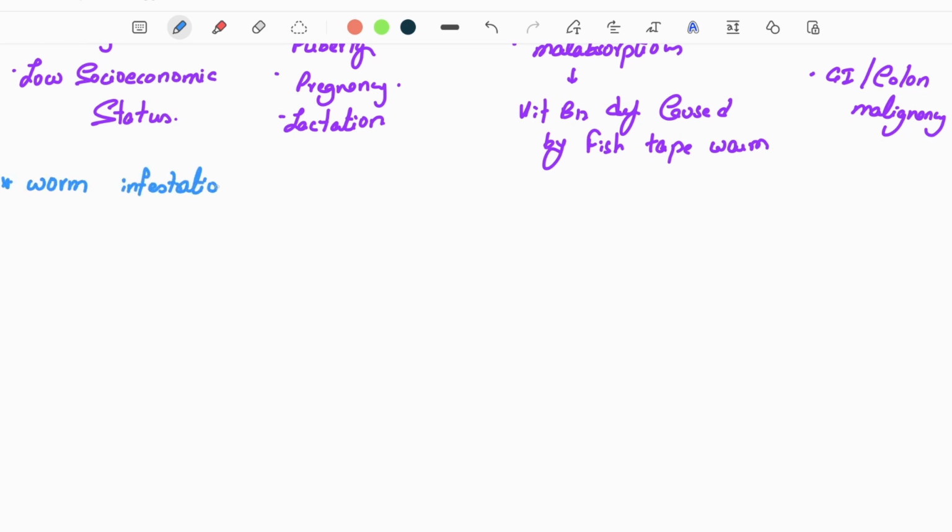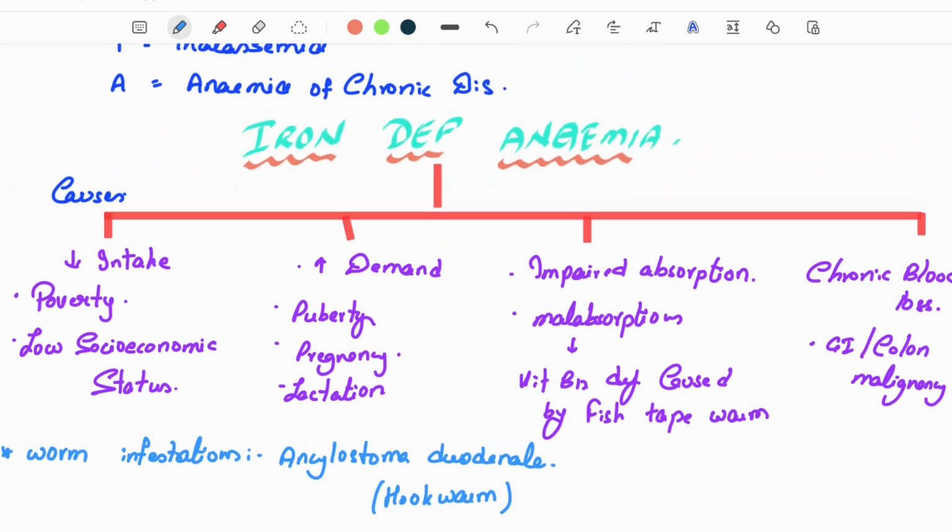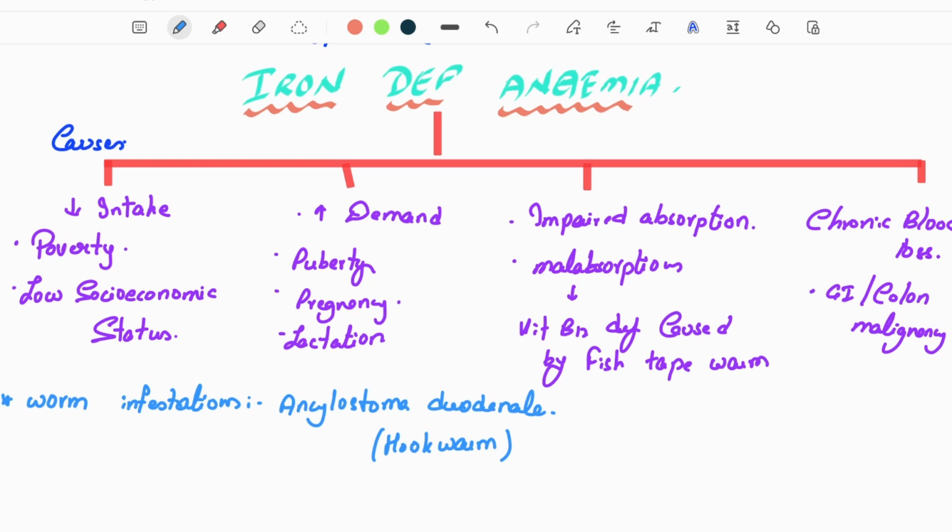In worm infestations like ankylostoma duodenale, in these situations we can observe iron deficiency anemia. Okay, it is also called as hookworm. So these are the most common causes that a person may get iron deficiency anemia.